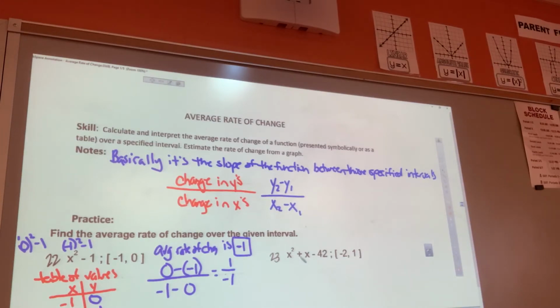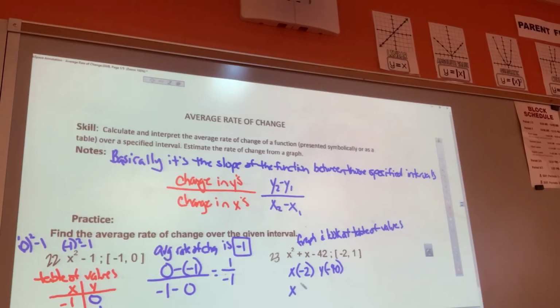All right, for this one, let's graph it and look at your table of values. And we're looking for this interval right here. So when my x is -2, what is my y? You should see that your y is -40.